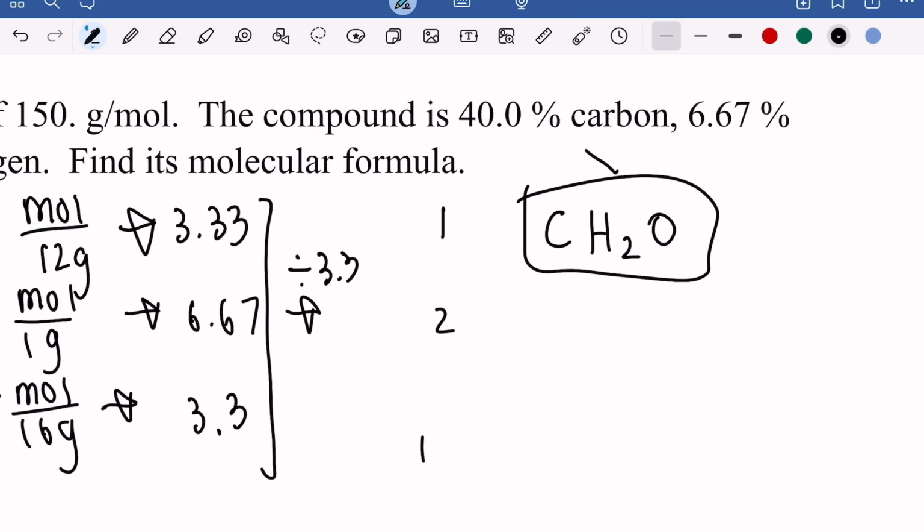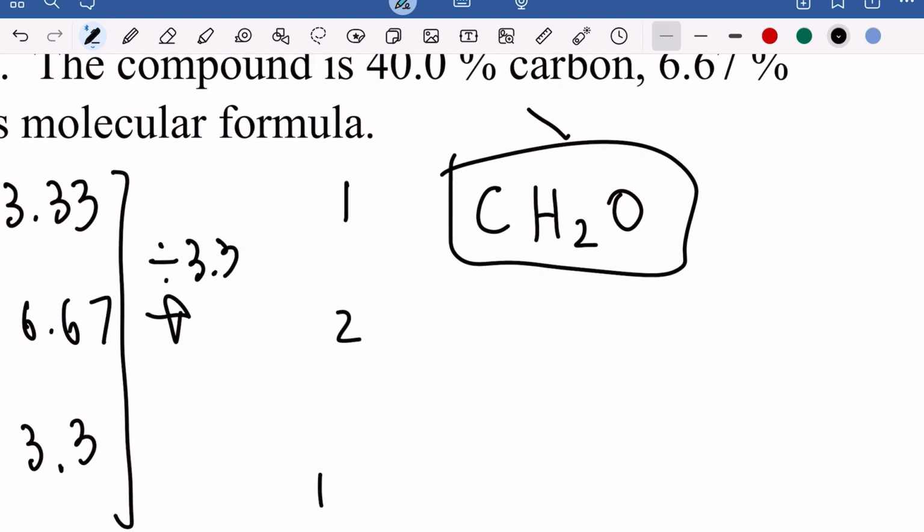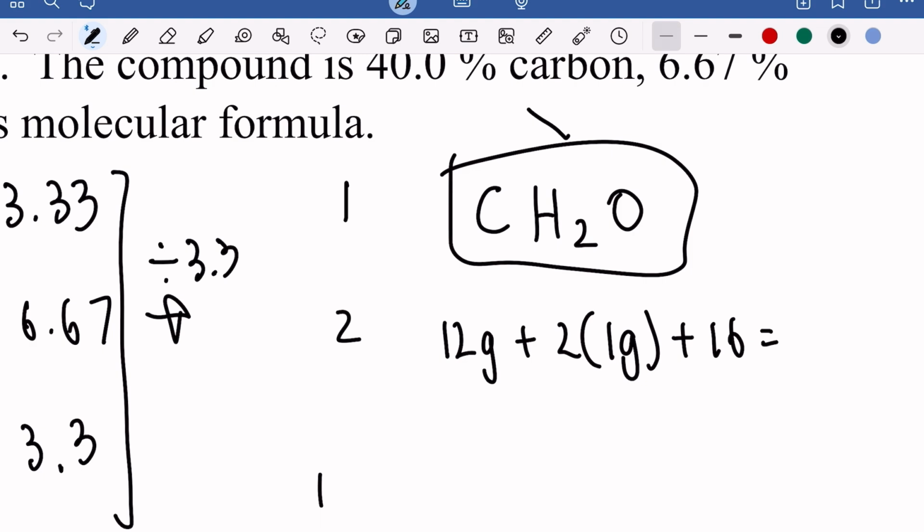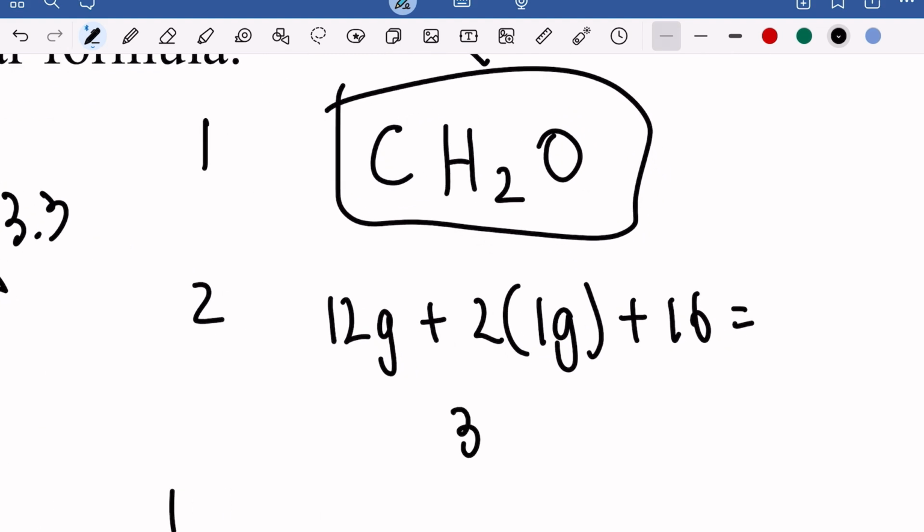Now we have to find the molecular formula of the compound. So first we're going to find the molar mass of this empirical formula, which is carbon, 12 grams, plus 2 times hydrogen, which is 1 gram, plus 16, which is oxygen, so it's 30 grams.